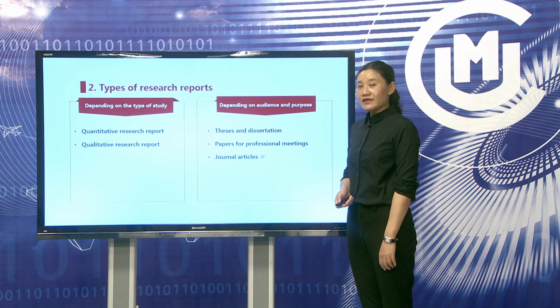Papers for professional meetings. Oral reports or presentations at professional conferences are another mechanism for disseminating research results. Nurses communicate research findings to their peers orally or through a poster.